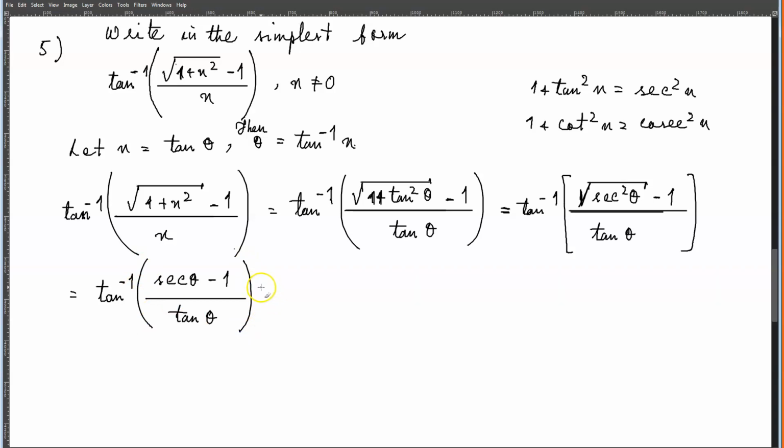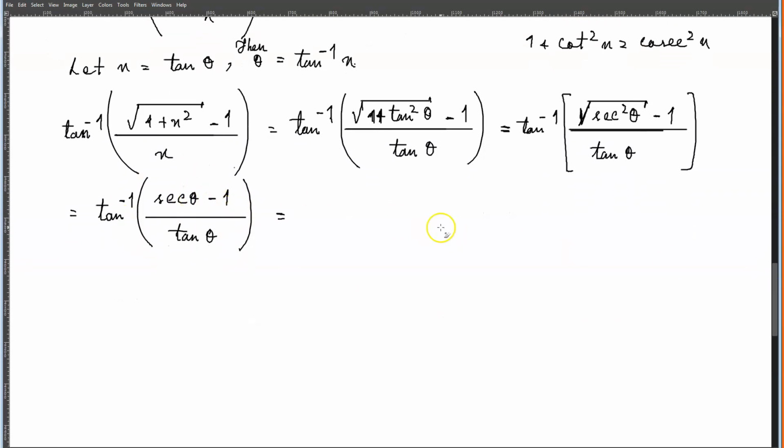Then what you can do is make some arrangements here, meaning that secant theta minus 1 over tan theta, you can write it as secant theta over tan theta minus 1 over tan theta.